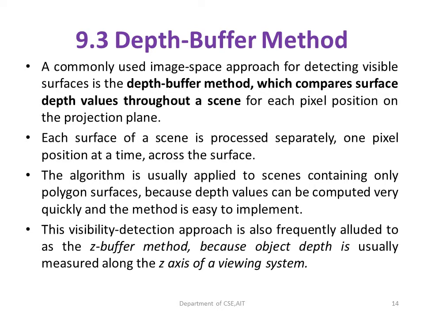The depth buffer method is also called the Z buffer method because here we are talking about the object depth, and we know that the depth is always measured along the Z axis of the viewing system. X is for the width, Y is for the height and Z is for the depth. So the depth buffer method can also be called the Z buffer method.